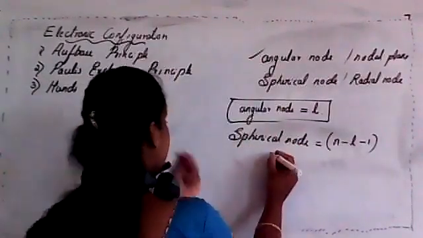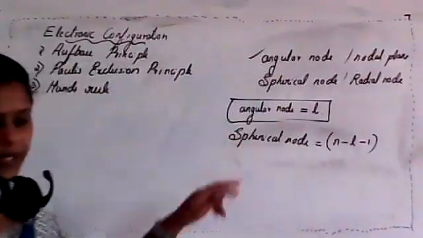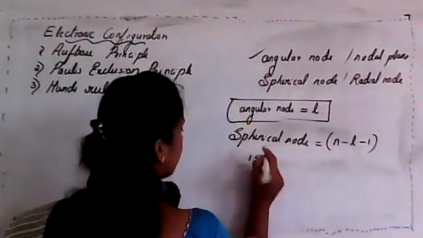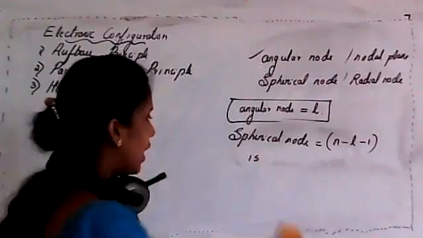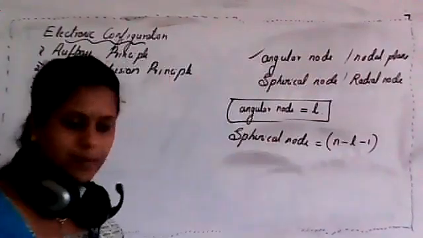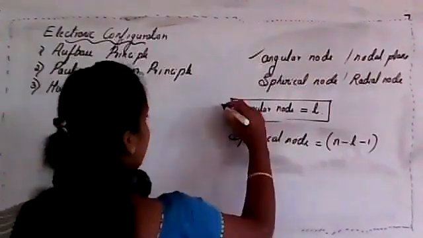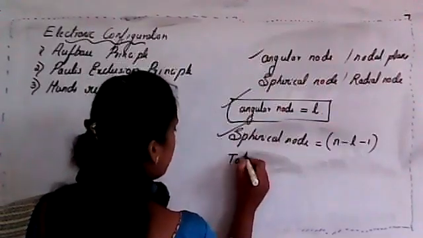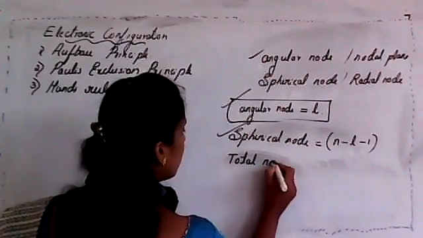After that, we'll take examples, okay? So now, this is about angular node and this is about spherical node. Now, what about total node?